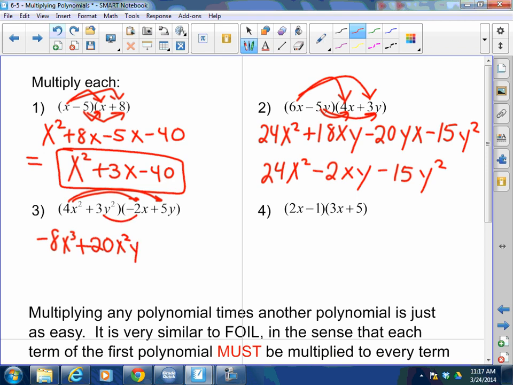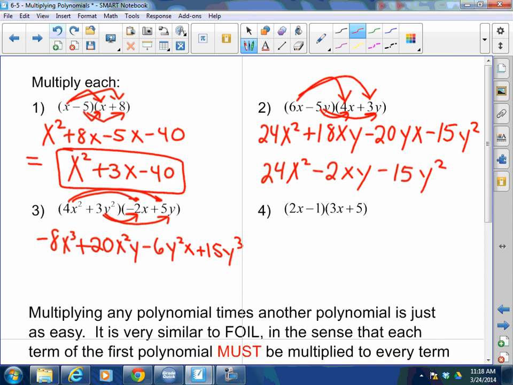Good. Then 3y squared times negative 2x, negative 6y squared x. Very good. And then 3y squared times 5y. Very good. Okay, let's rewrite this in proper standard form.